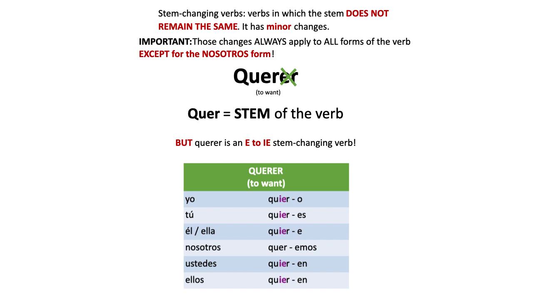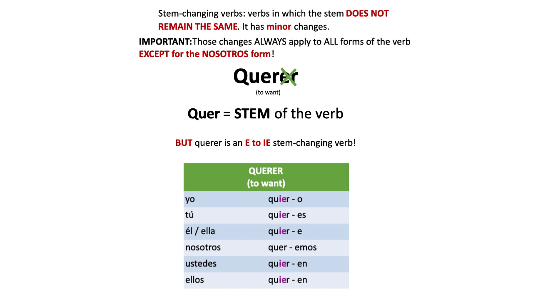Now, I want to remind you of something that I already mentioned, but in the complexity of grasping this for the first time, many of you will probably have missed it, right? So let's look at that table for querer again carefully, but I want you to focus now on the other side, not on the stem, but on the endings side, right? O, es, e, emos, en.